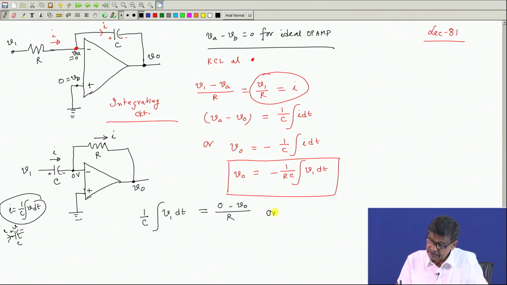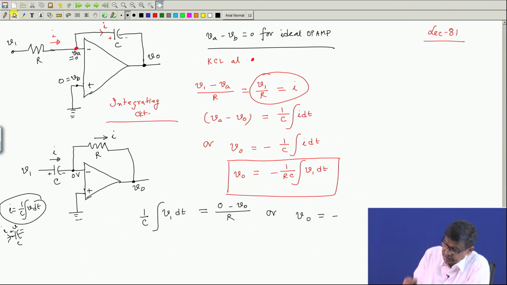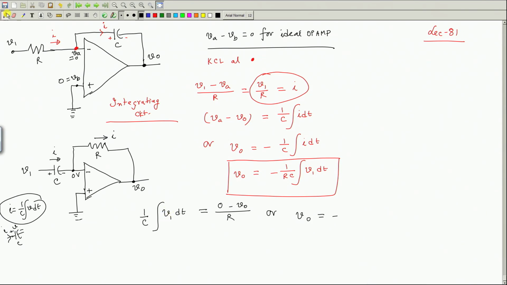Or I will say you get this output voltage as V naught is equal to minus... some mistake is there. This should be C, 1 by C integral of I dt, I am so sorry, this equation Q by C, no?